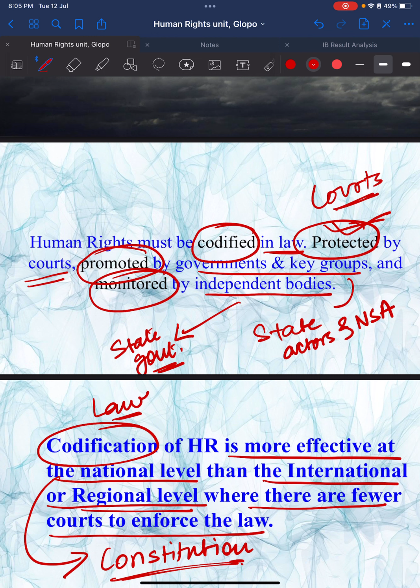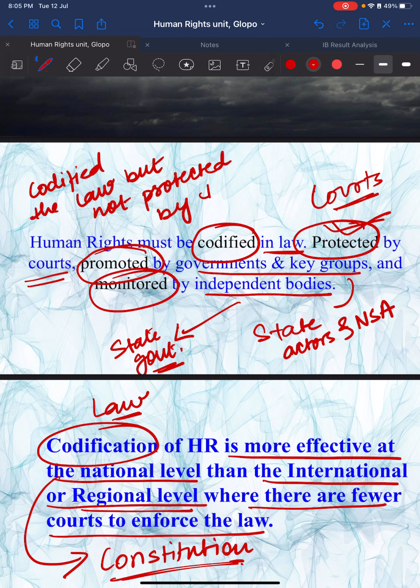In case you have codified the law but not protected it by the judiciary or court, would it be useful?